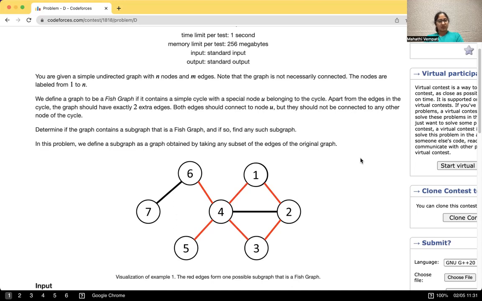Determine if the graph contains a subgraph that is a fish graph, and if so, find any such subgraph. Taking a subset of edges of the original graph. I see.